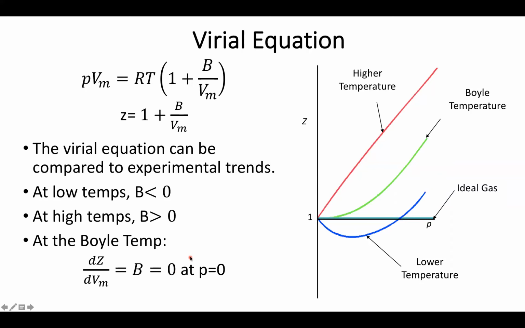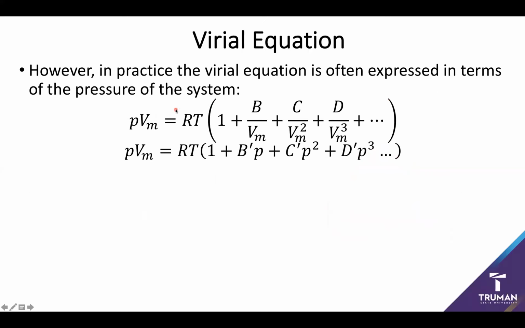However, you may have noticed that in practice, our virial equation can be a little bit cumbersome, because how often do you go out and measure the molar volume of a gaseous system? So in practice, what we often do is replace a power expansion about the molar volume with a power expansion about the pressure of the system.